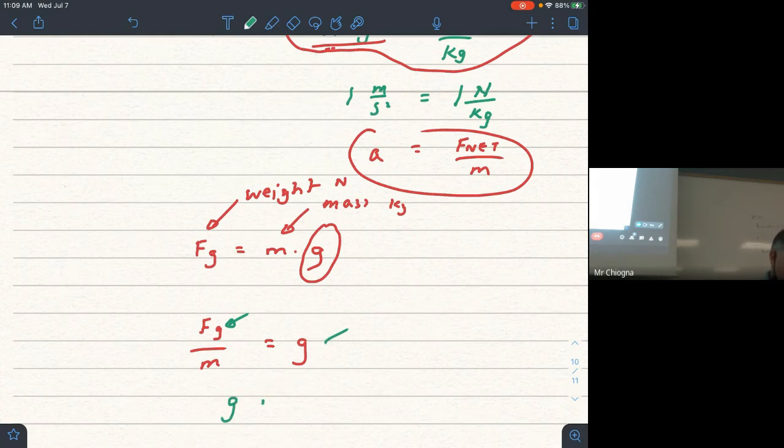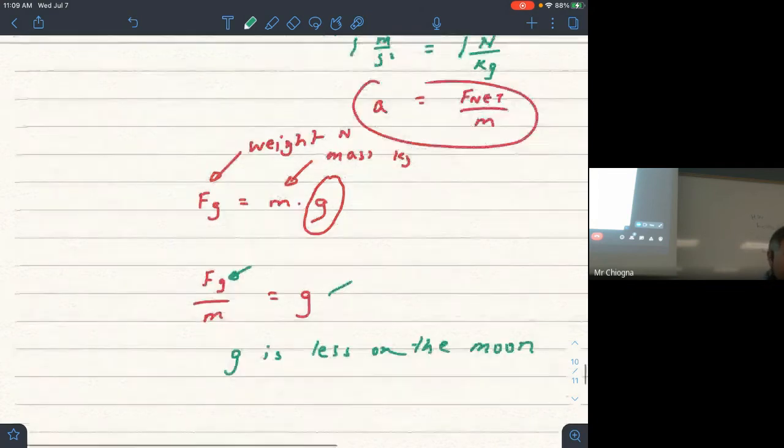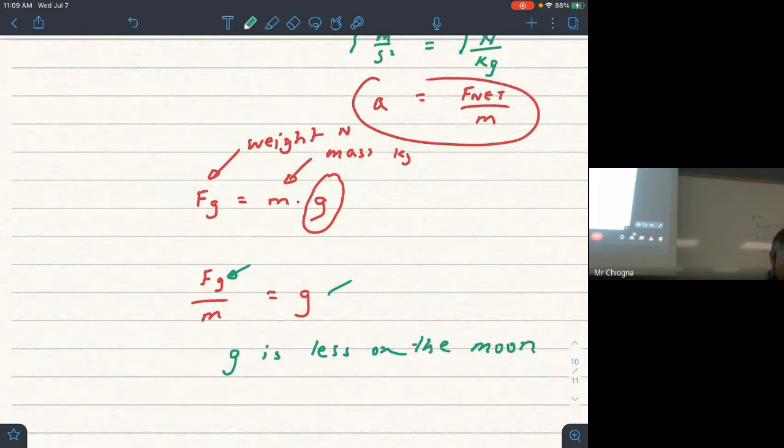G is less on the moon. You'll figure out, should be approximately, divide the Earth's value by 6. That's what you should get. G on the moon.